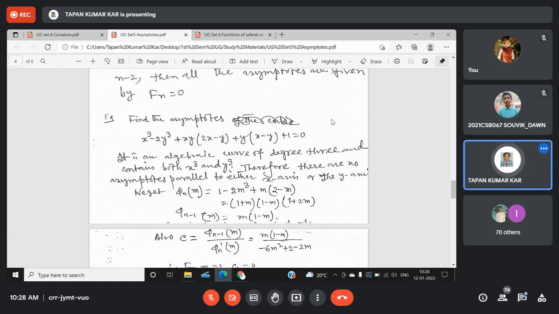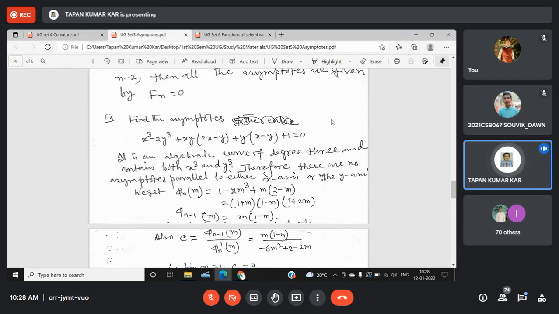Then look at whether x cube is present or not. Yes, x cube is present here, so there are no asymptotes parallel to the x-axis. This is the first observation. Then what is the method?